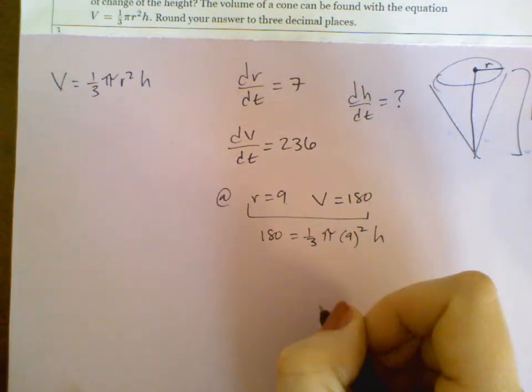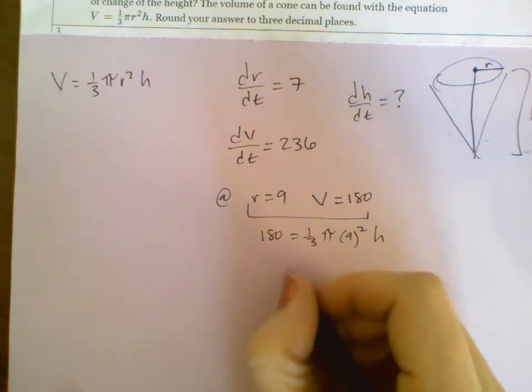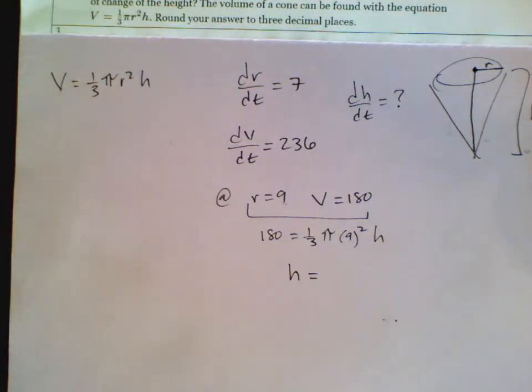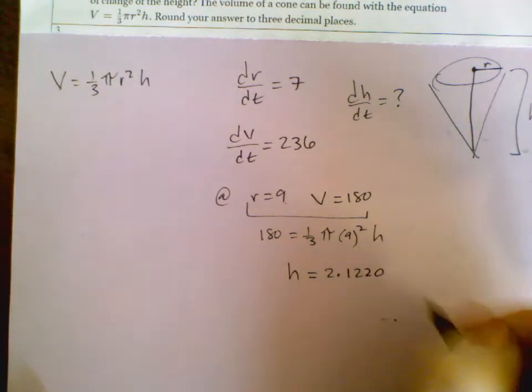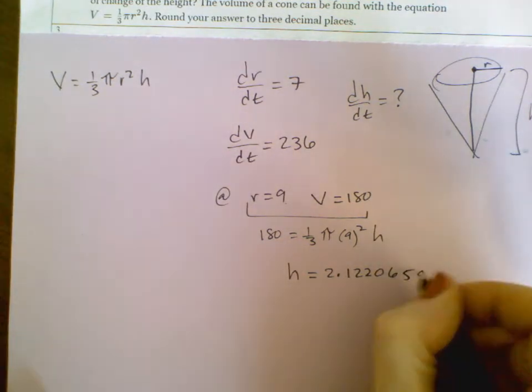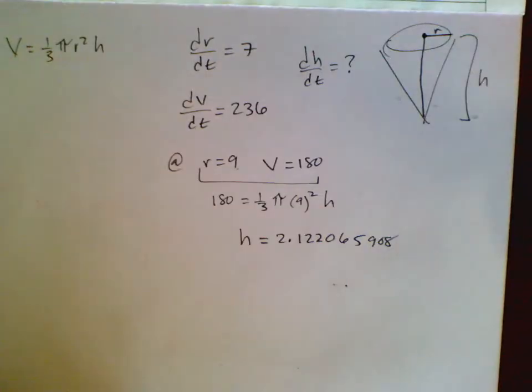So H is going to be equal to, I'm just going to get a decimal, 180 divided by... okay, so in my calculator, I got 2.122065908. But that keeps going.